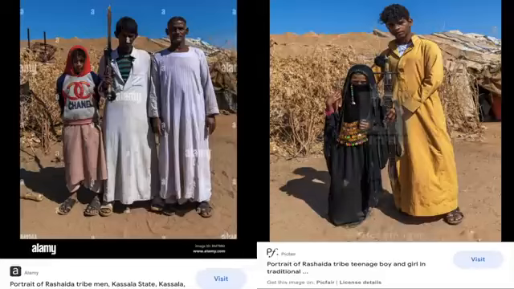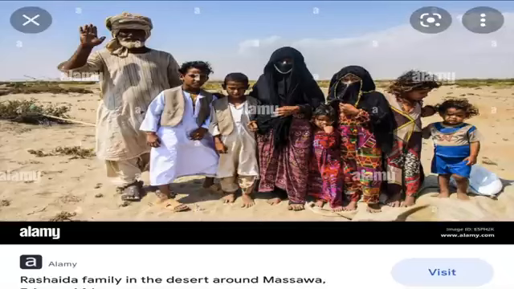And here is the Rashid tribe, the Rashidia tribe, as they said earlier. And again, we're dealing with people who are quite dark-skinned, medium brown to very dark brown. Al Rashid, this is a family of them.